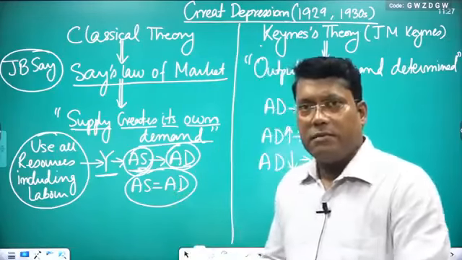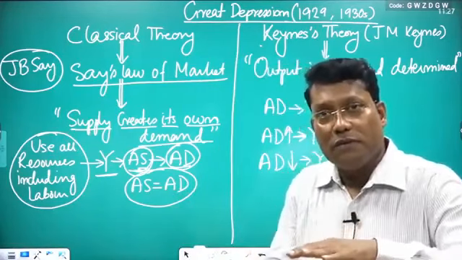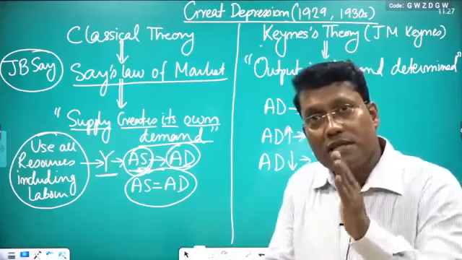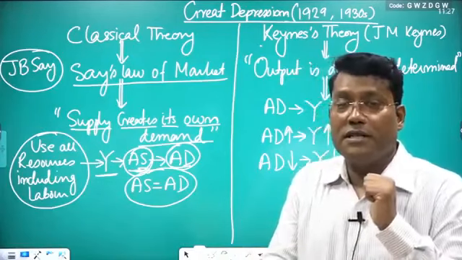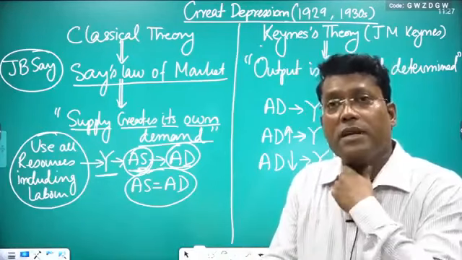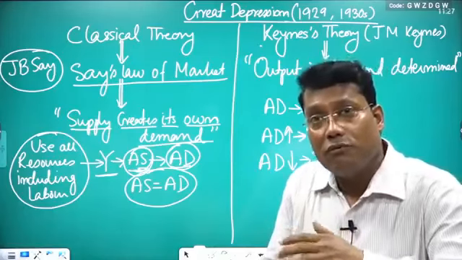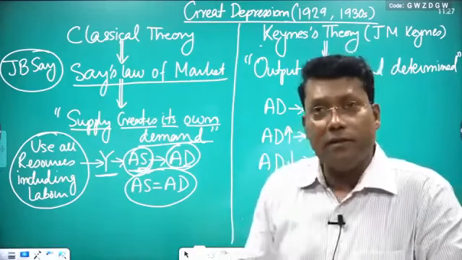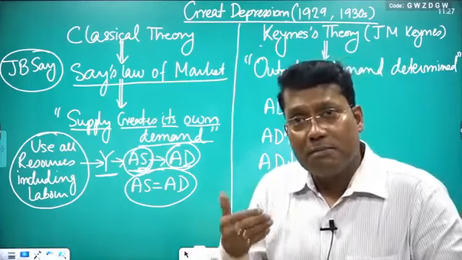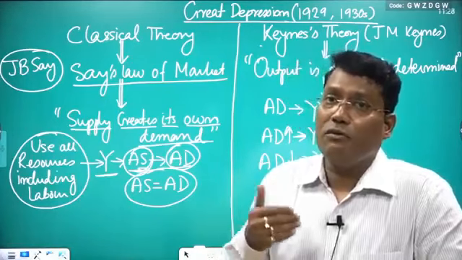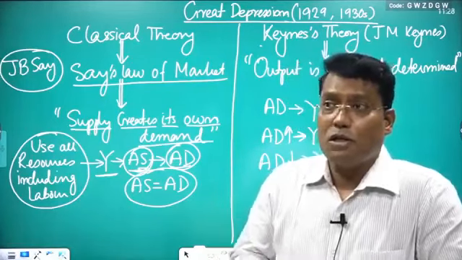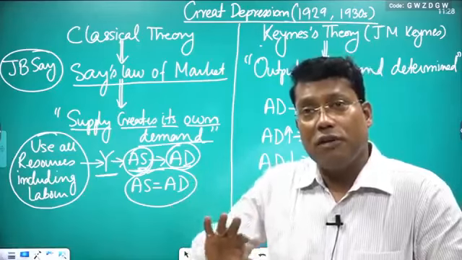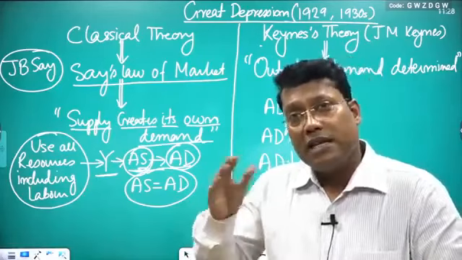Because at that time the whole world observed that there was supply of goods and services in the economy, but there was lack of demand in the economy. So most countries faced supply, but lack of demand. So what will happen next to the economy?